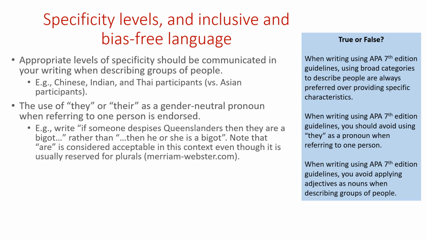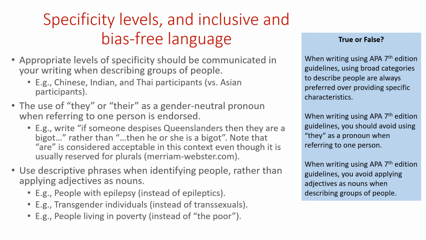So it's appropriate to use they in this context, and at least according to Merriam-Webster dictionary, I notice I said that they are in that sentence rather than they is. That is considered acceptable in this context, even though are is usually reserved for plurals. Even though we're talking about a single person, are is appropriate, and this is simply because they is sounds silly.